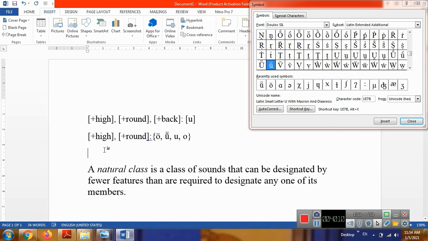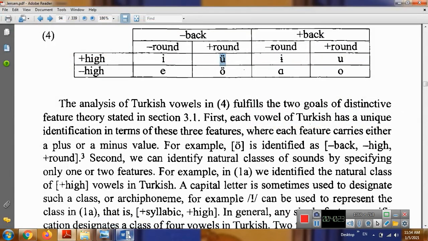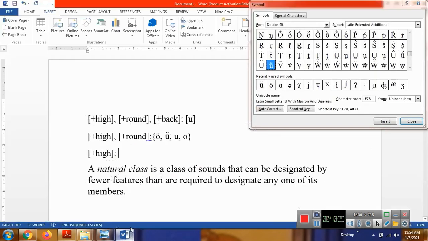And here, for example, according to one feature, for example minus high, we have e, u, a, o.